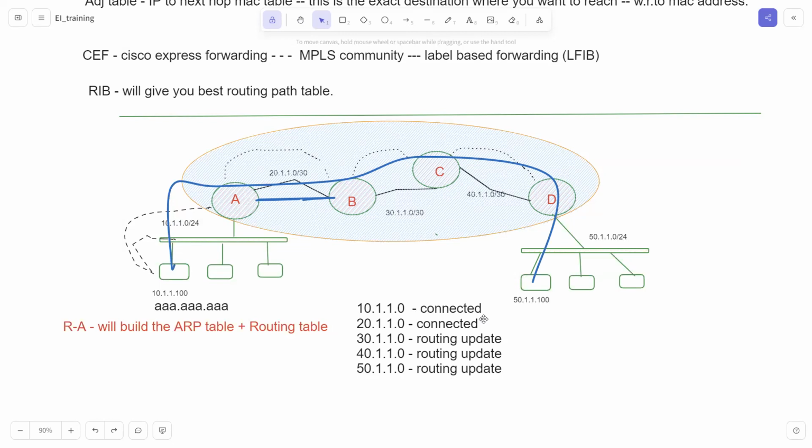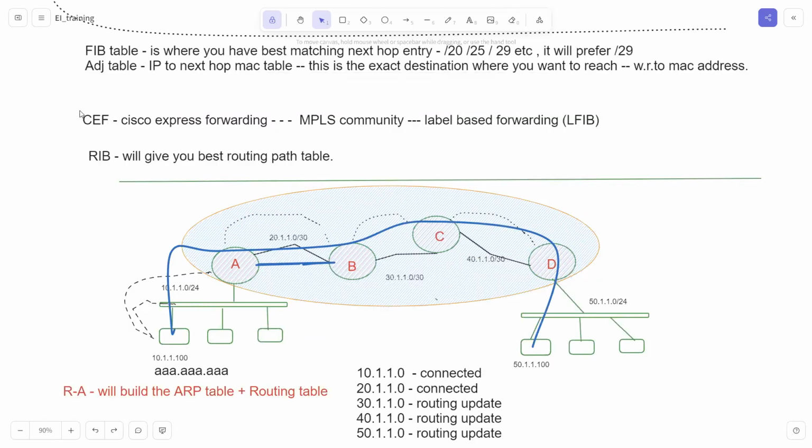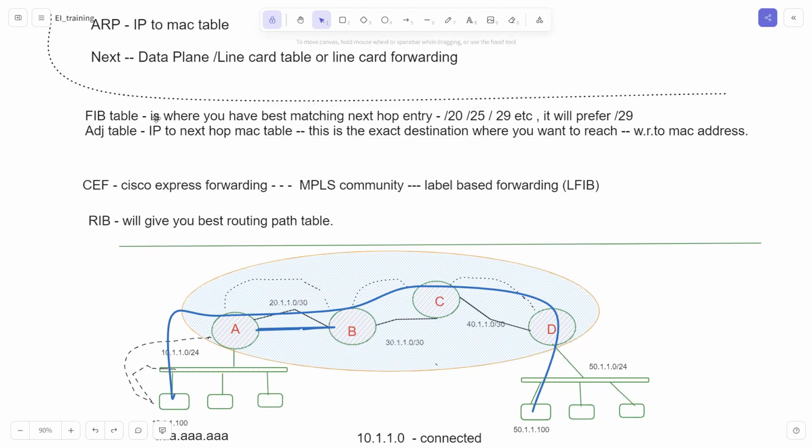Think of a big apartment, a 10-floor apartment. With the routing table, you reach the gate. But how to go to 101, 102, 103, 201, 202, 203 happens with the MAC table, the exact information on which flat you have to go to. That is the FIB table.